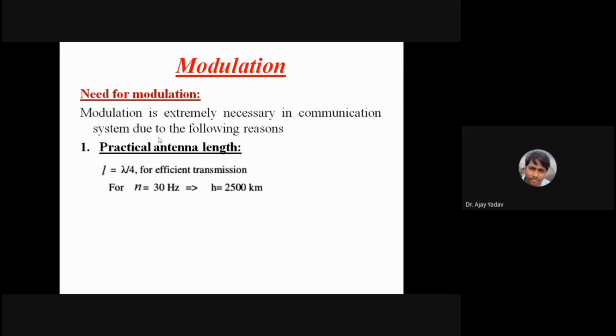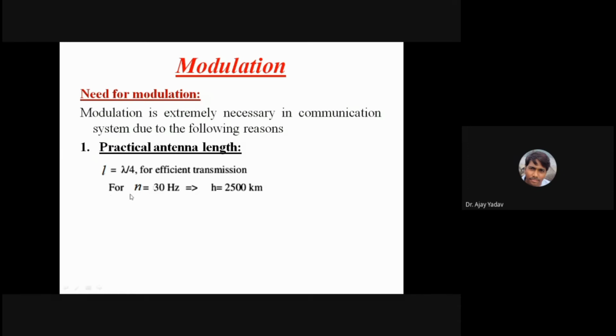For transmitting a signal having wavelength lambda, the length of the antenna equals lambda by 4. So for efficient transmission, if you want to transmit a signal having wavelength lambda through an antenna, the length of the antenna should be equal to lambda by 4.